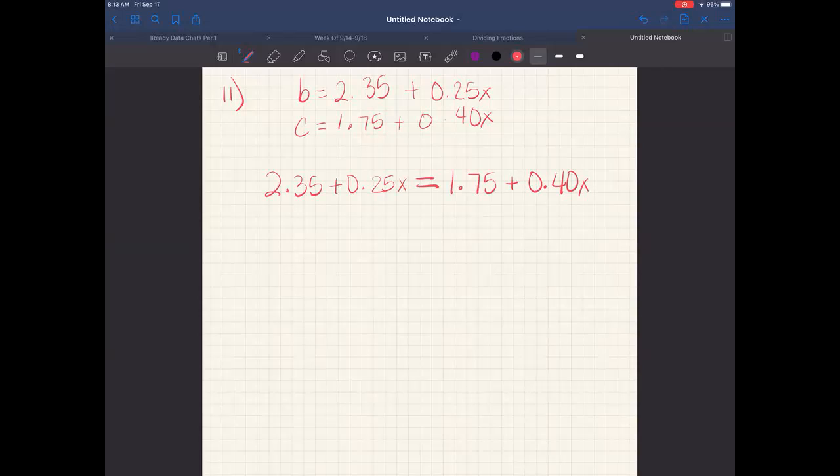Combine my like terms, solve for x. So what's the first thing I want to do? Move something. I don't really care which one I move first. It doesn't matter. Both sides have to have something moved. So I'm going to start with the 1.75.